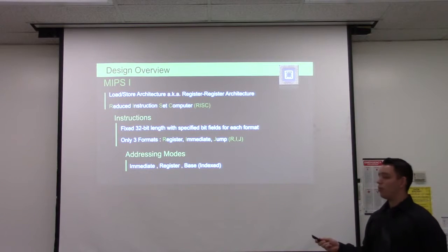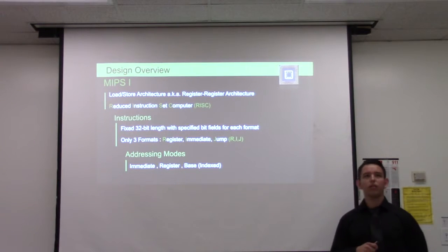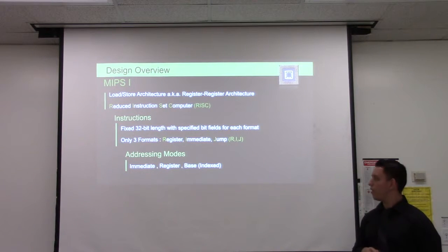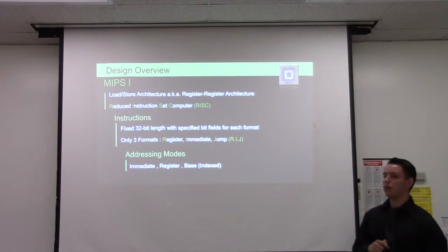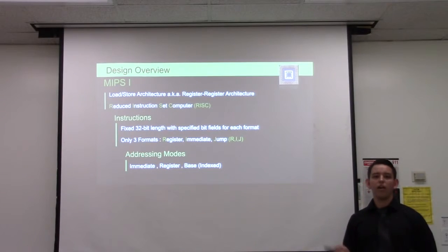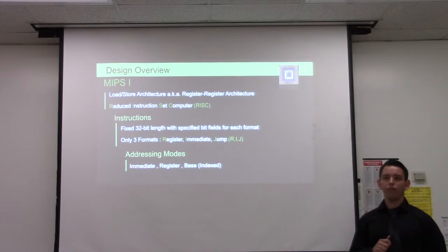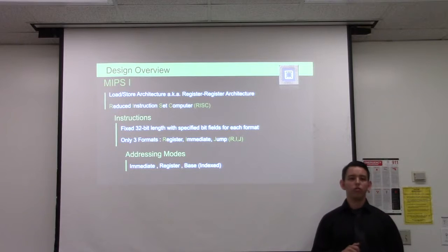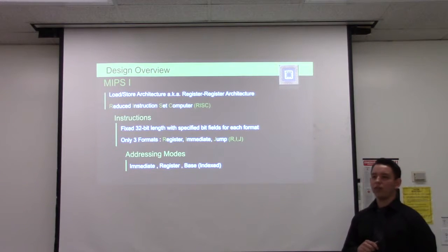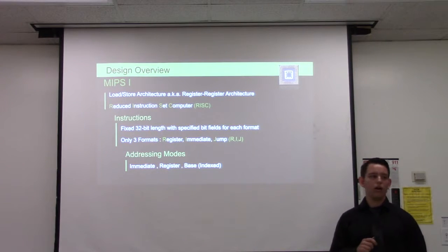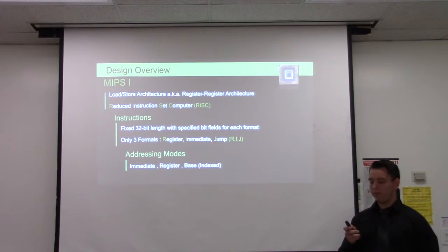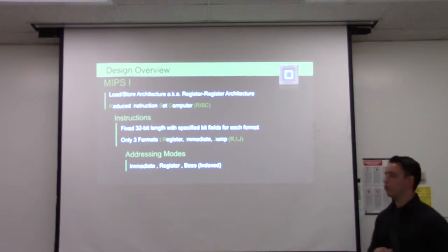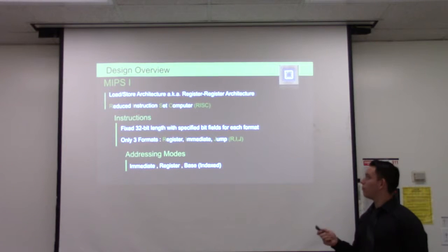We have a register mode, which allows the instruction to specify a register address from the CPU register, and a based indexed mode, which allows us to specify a register that holds the contents of an effective address, which gets added to a value in the instruction itself to calculate the effective address for memory grabs.